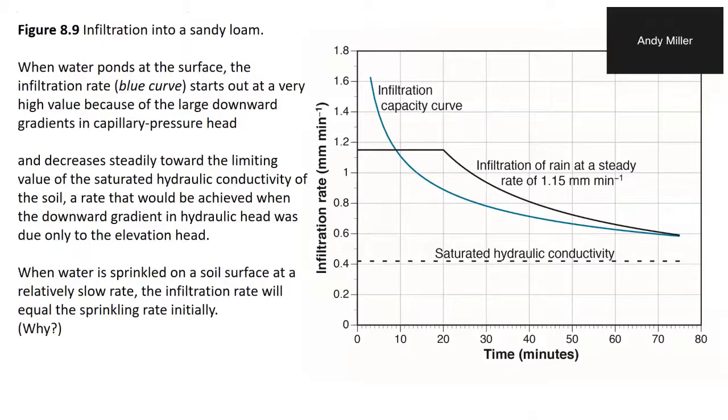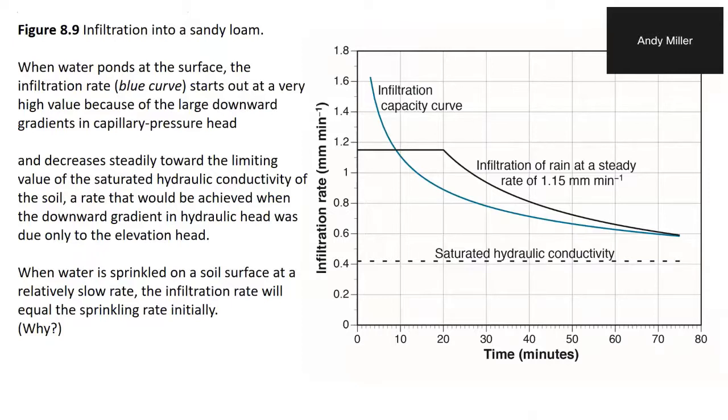Because look here, if it's not raining as fast as this infiltration capacity, well, no, let me back up. Suppose the infiltration capacity, this is the same soil, is up here initially and it's raining at this rate. All the water is going to infiltrate. But as it infiltrates, gradually, the same things we've been talking about will cause the infiltration capacity to reduce as the hydraulic gradients change.